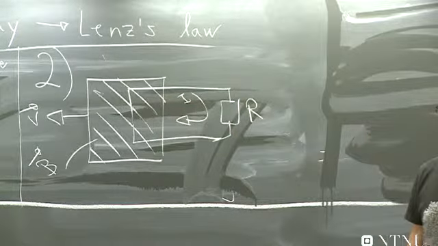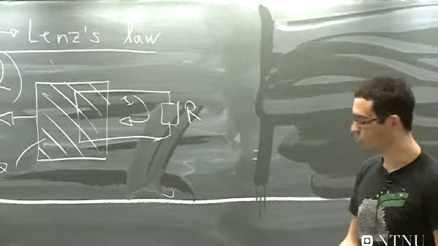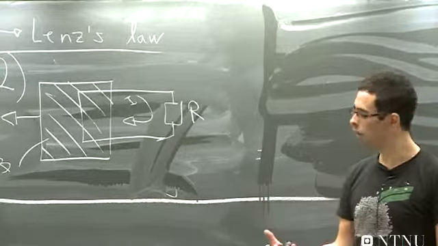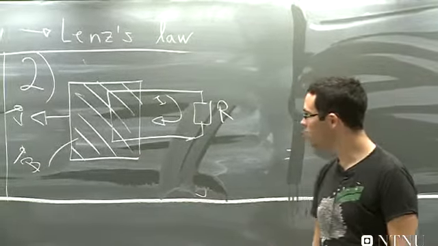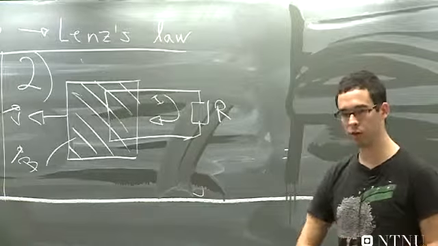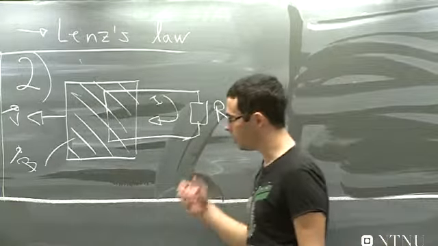And the same thing happened. If he pulls the magnet or pulls the loop of wire, you have the same thing. There's a current running through the loop, causing heating in the resistor.